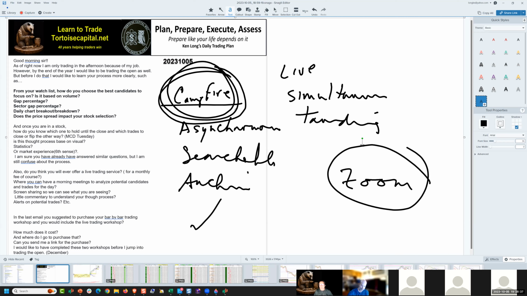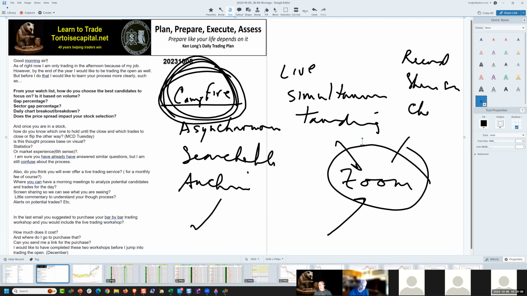What you're far better off doing is study Campfire and the Foundation's Q&As and traders' introductory notes in Foundations, and then find somebody that you align with, and then host your own Zoom, because then you can record it, you can share screens easily.